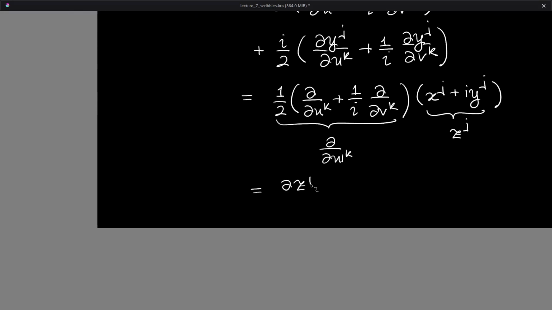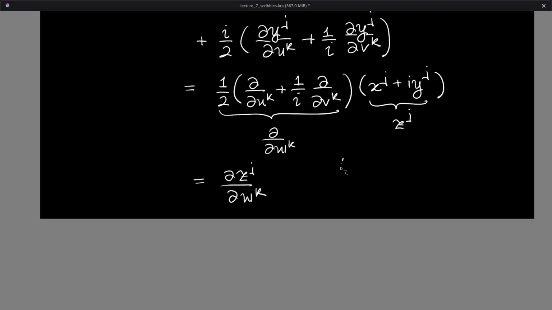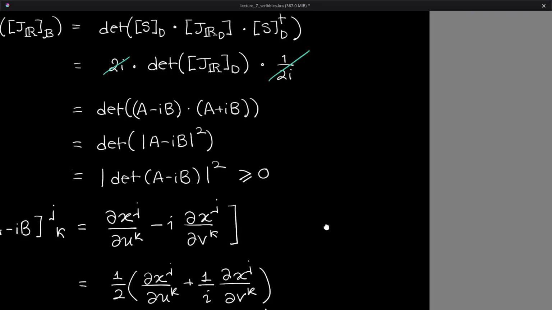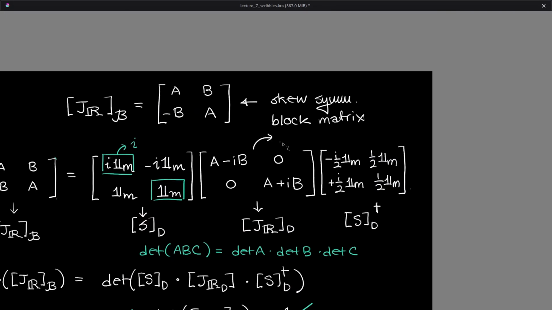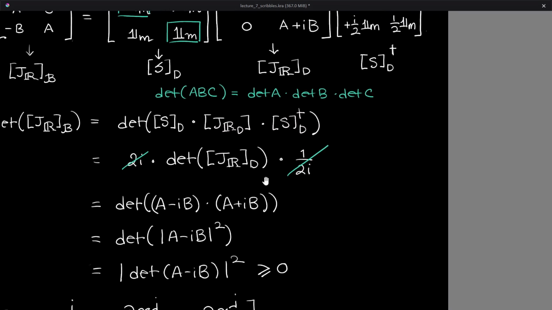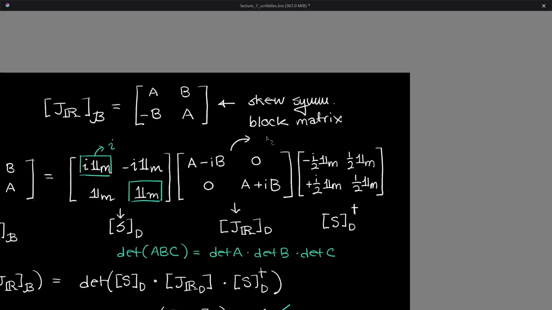We want partial z_j, partial w_k. If you look at a plus ib, then that will give you partial z-bar_j, partial w-bar_k. And the idea is that the thing that's inside here is essentially J_C. This is the complex Jacobian, which is equal to this block matrix, partial z_j, partial w_k.